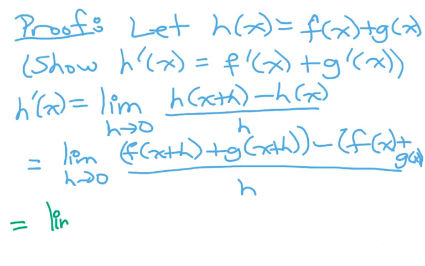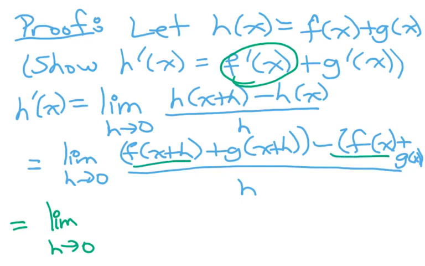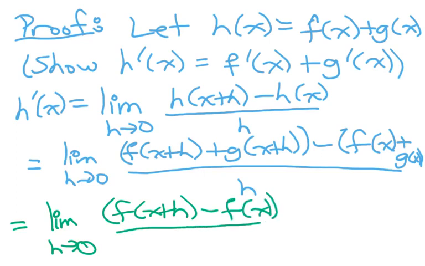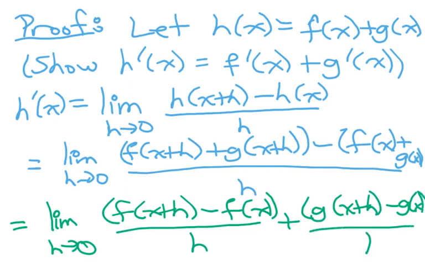This one's going to involve a little bit more steps and a careful use of a limit law. We want to say that that's equal to f of x plus h minus f of x, all divided by h, plus g of x plus h minus g of x, all divided by h.